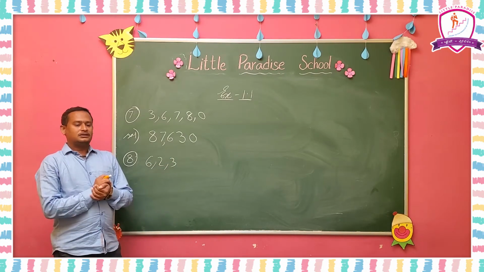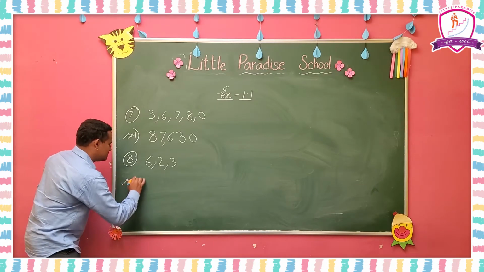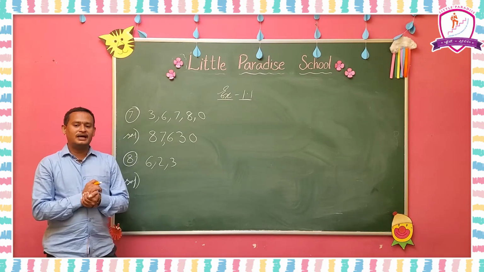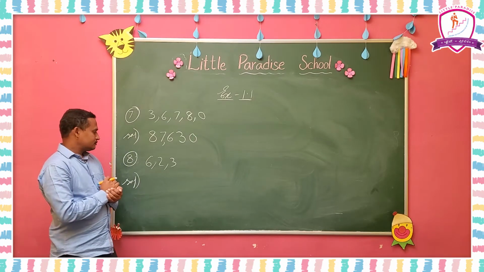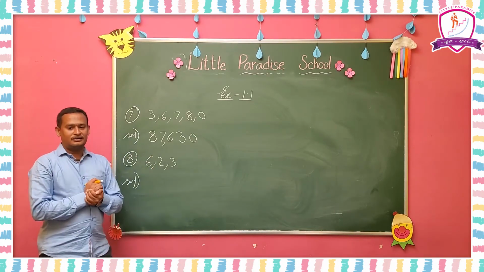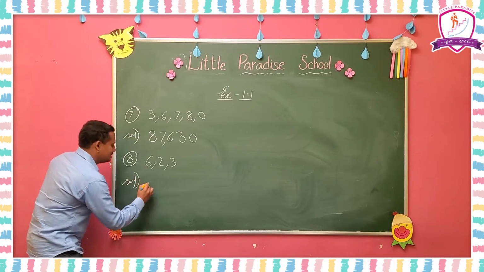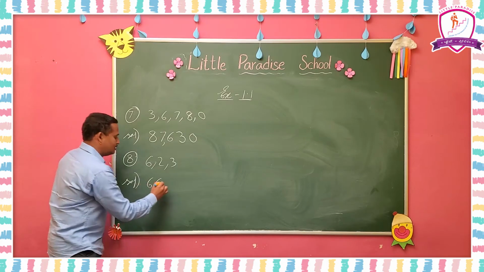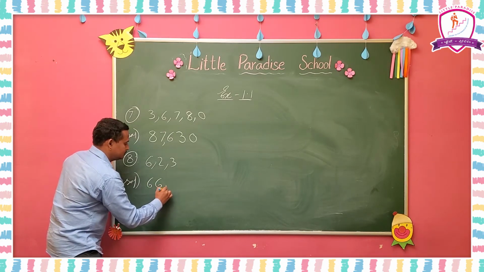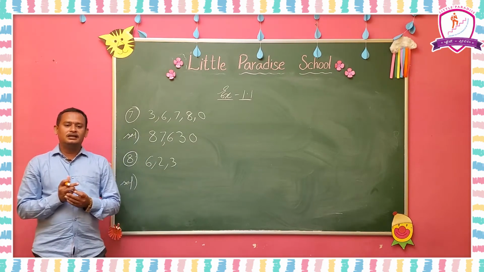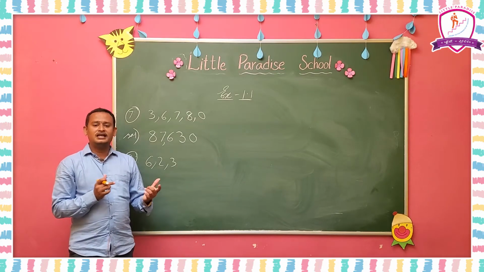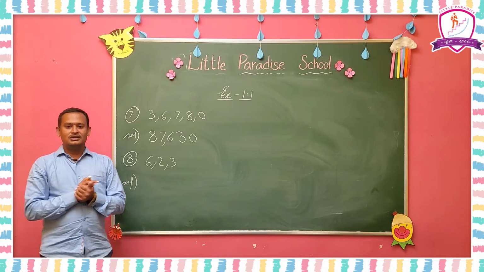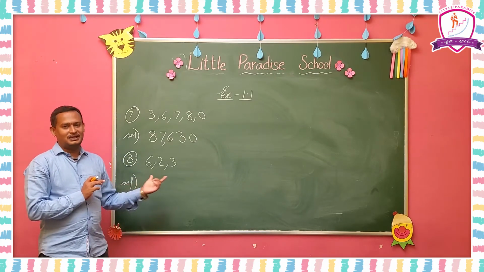So how can you write this as the greatest 5 digit number? Greatest 5 digit number means you have to write big to small. So here you can repeat 6, and after that 3. In the 8th question, the greatest 5 digit number you have to form, but here only 3 digits are given. So any number you can repeat.